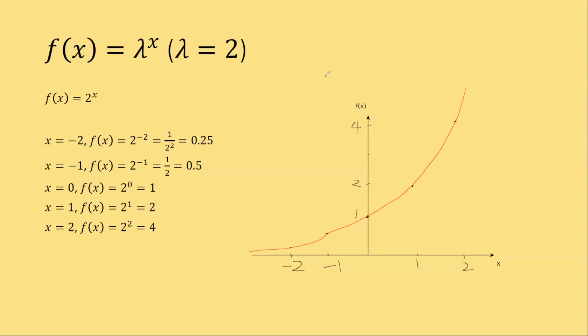And more importantly, we can see that f(x) is larger than 1 if and only if x is larger than 0, right? And f(x) is smaller than 1 if and only if x is less than 0. We can draw those conclusions after we draw this graph.